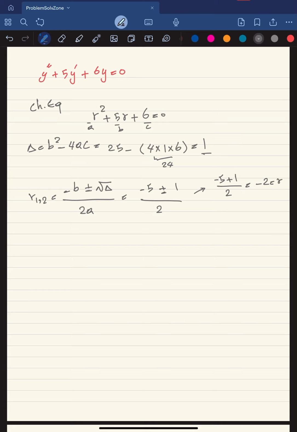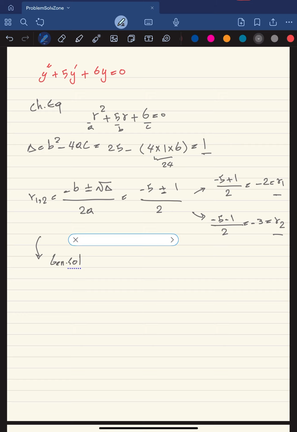This is one of our roots, and we're going to have minus 5 minus 1 over 2, which is going to be minus 3. This is going to be our r2. Okay, so we found the two roots. Now we have to write the general solution.